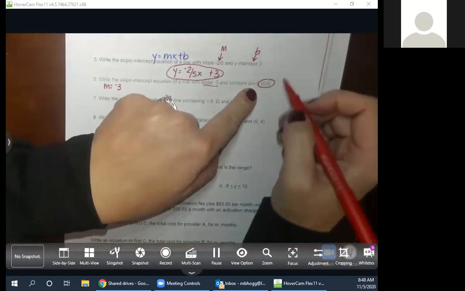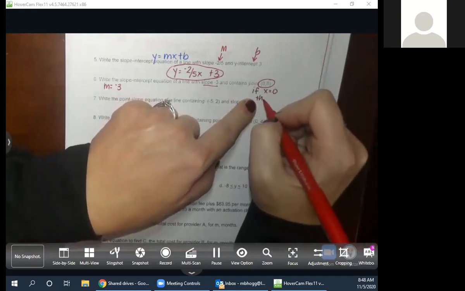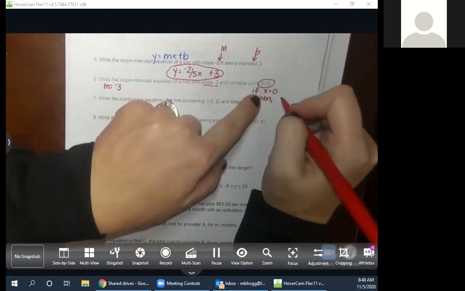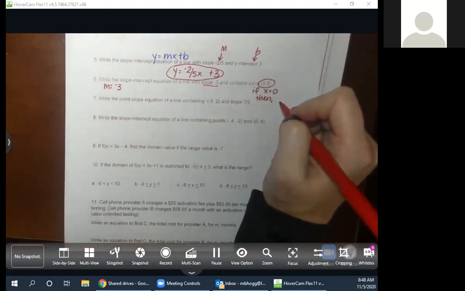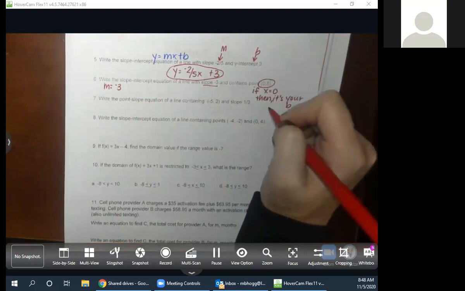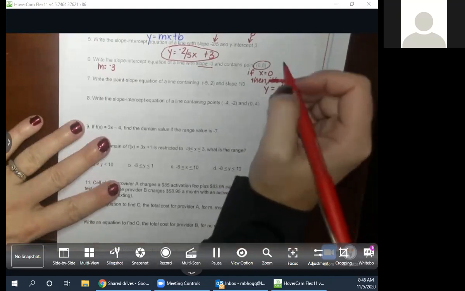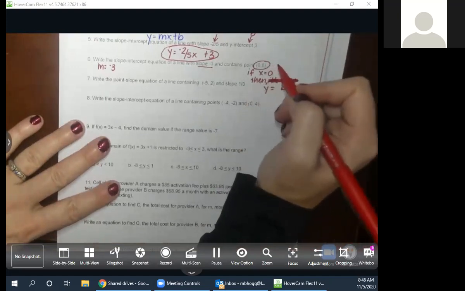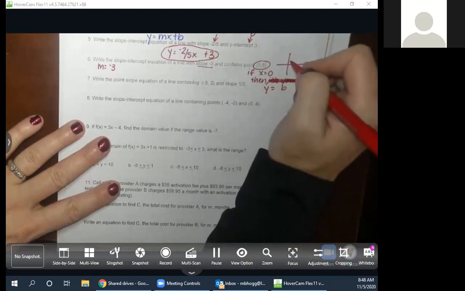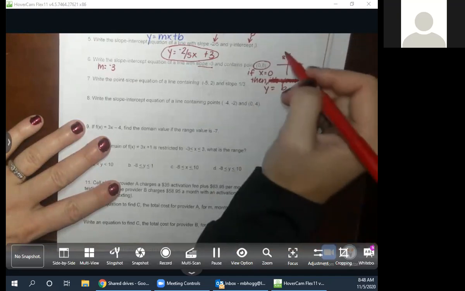If you ever have a point, and the x equals 0, then the 8 is your y, and that's telling you it's the y-intercept. That's your b. Only if the x is 0, because on a graph, it's x equals 0, y is 8, and this is where the point is.